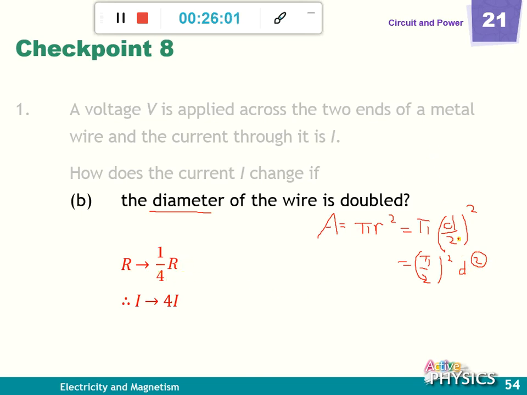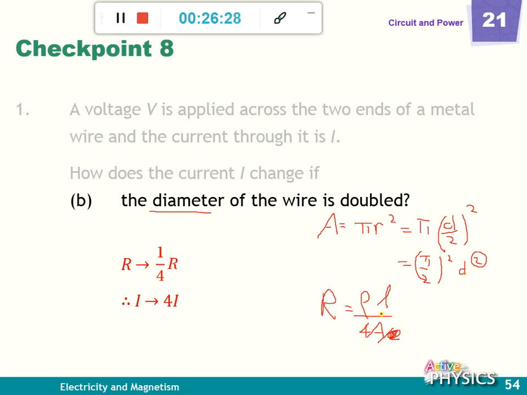But why? Because when d is double, area will be 4 times. Okay, 4 times. Then when you look at this one, area A, not 1 over 4, it is 4 times of area A, because d is double.